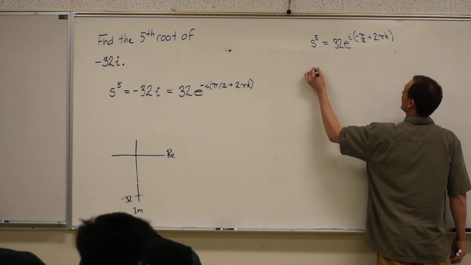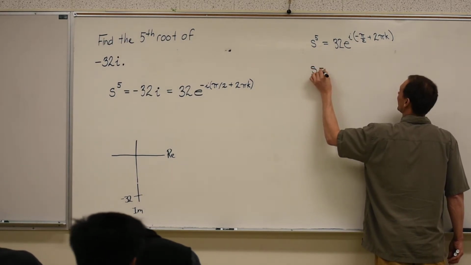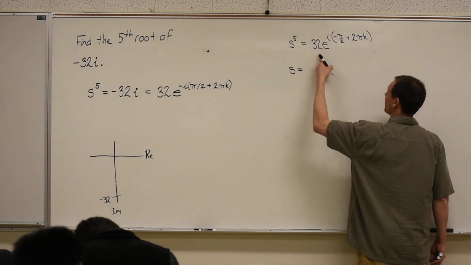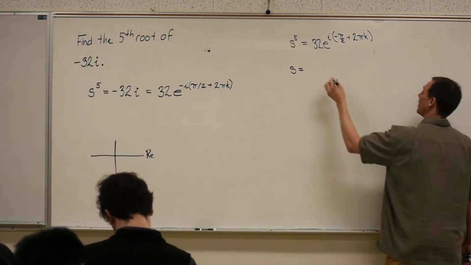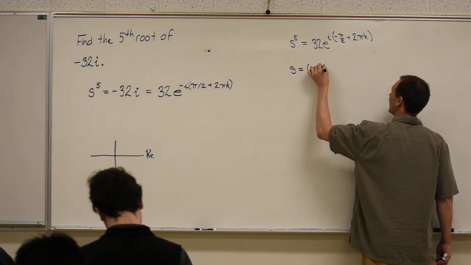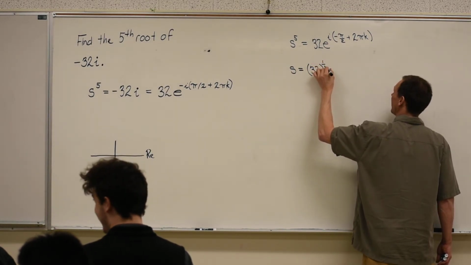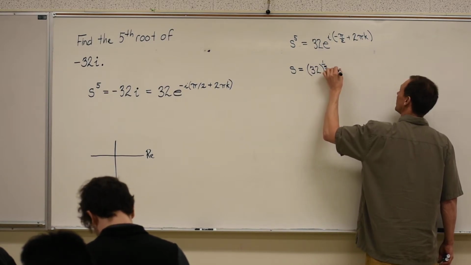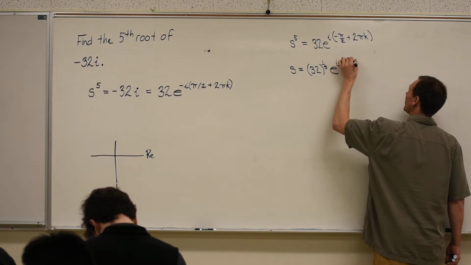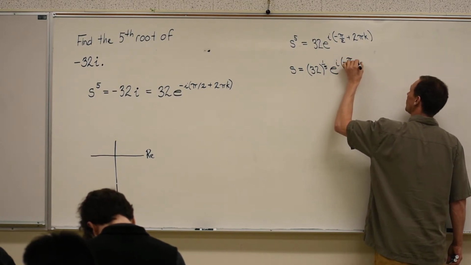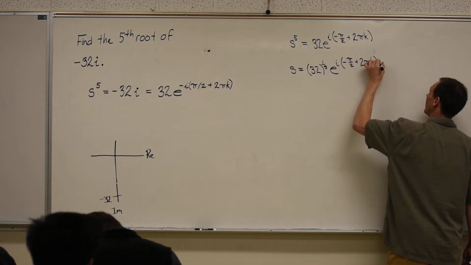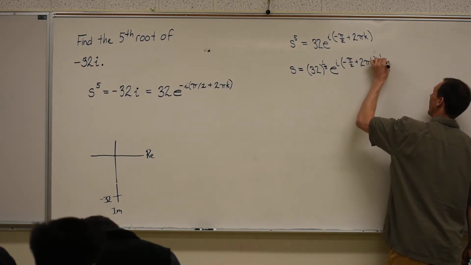So this is the same as saying s is equal to, I'll write it out, 32 to the 1/5 times e to the i times minus pi over 2 plus 2 pi k, and we have to take 1/5 of that exponent.